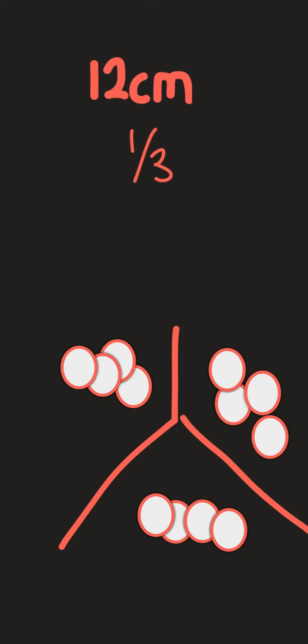In each third, in each group, I've got 1, 2, 3, 4 counters. So I've got 4 in each group of 3. That means in 1 out of the 3 groups, I've got 4. So 1/3 of 12 centimetres is 4 centimetres.